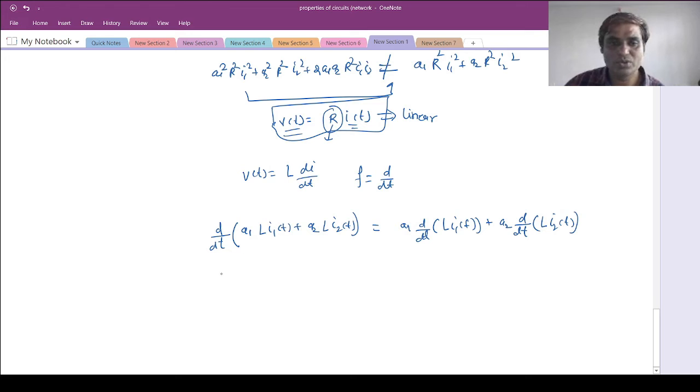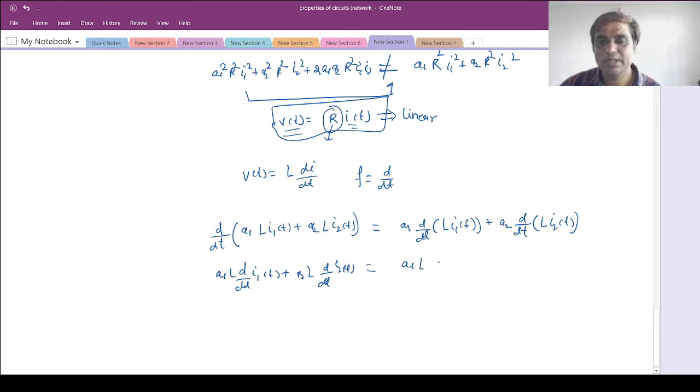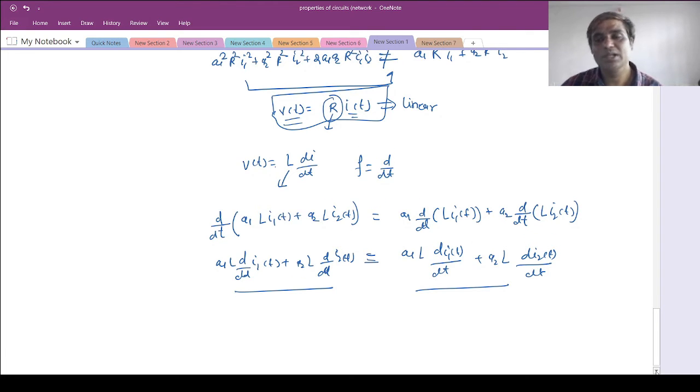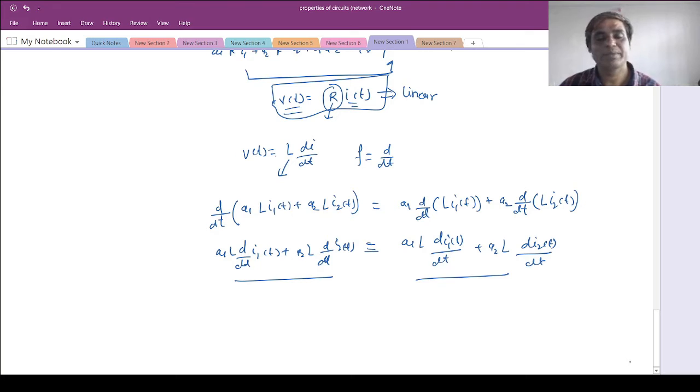If you solve, you get a1 L di1 by dt plus a2 L di2 by dt. So both sides are equal, and that's why the inductor, a two terminal element, satisfies the linearity property.